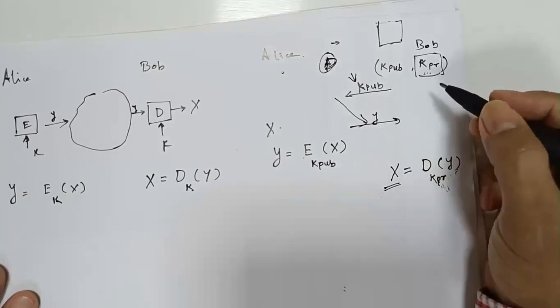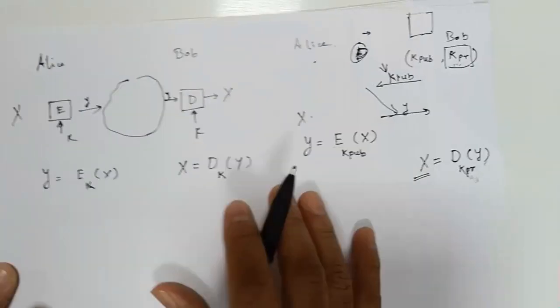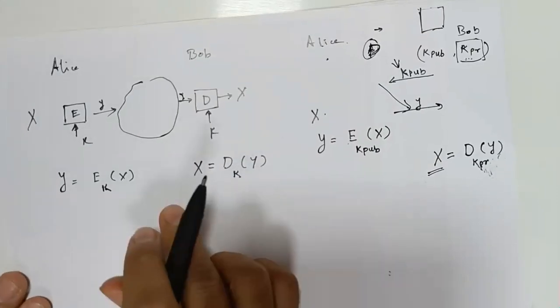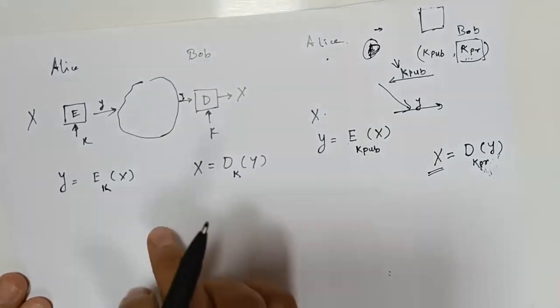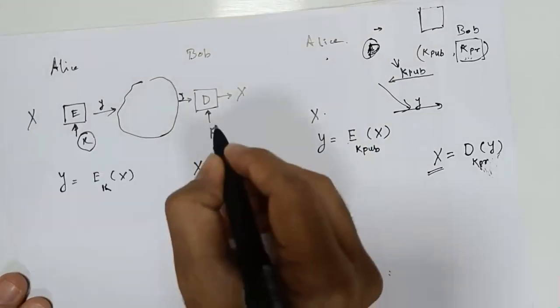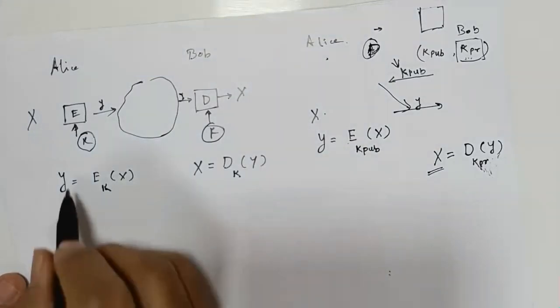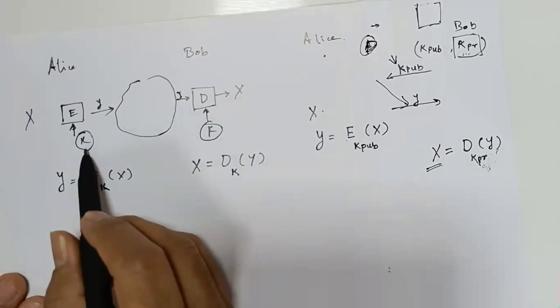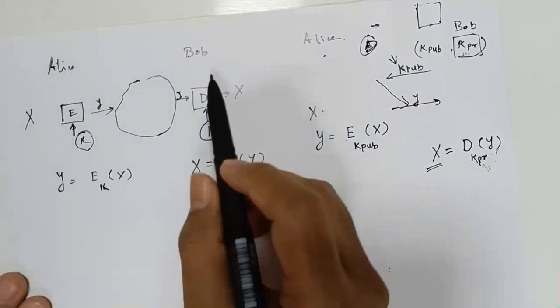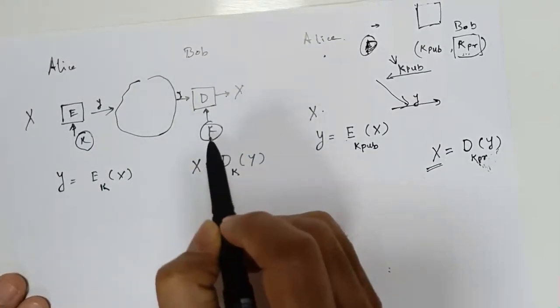Now in symmetric key encryption, the problem is that the same key is used. When you use this key for encryption, Bob should also have the same key.